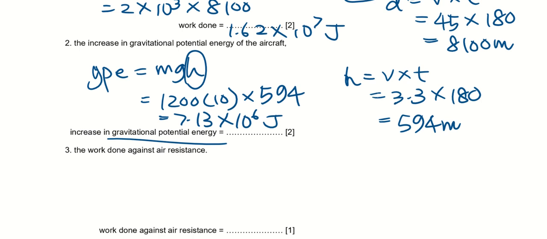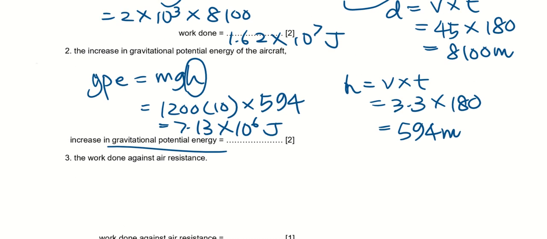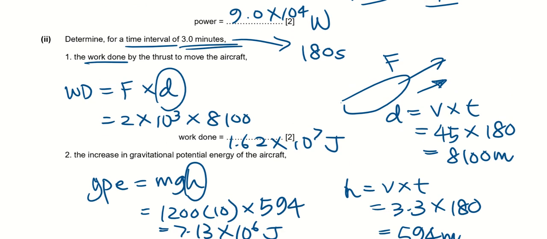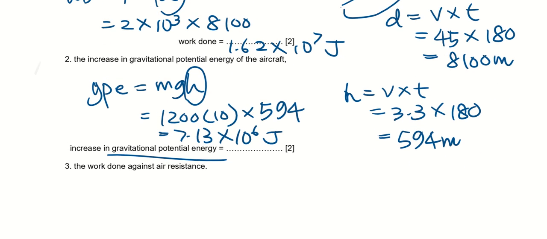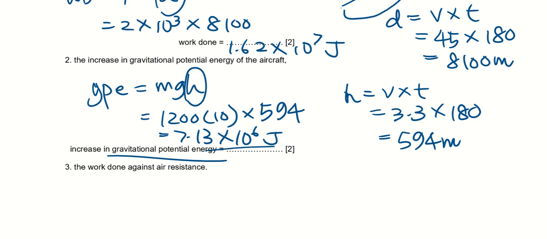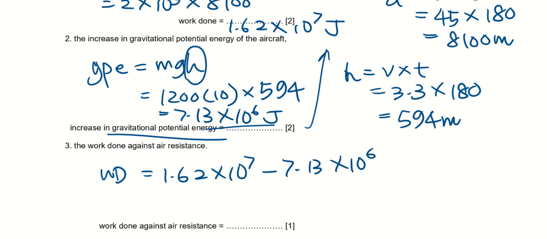So what's the work done against air resistance? It is using the work done by the thrust, because this is what the engine produces. However, the increase in height wasn't equal to this value. So the work done against air resistance will be this value minus 7.13 times 10 to the power 6.